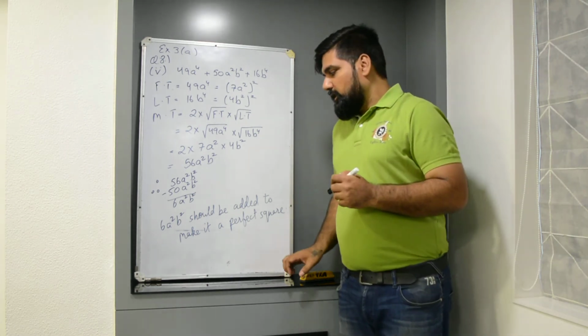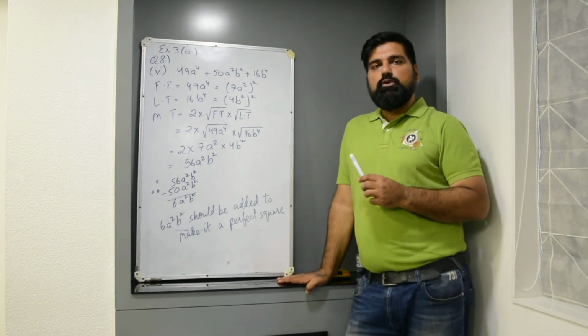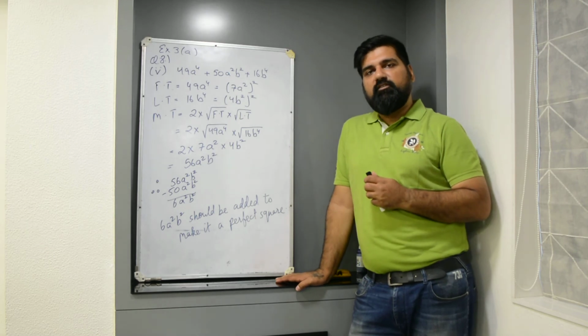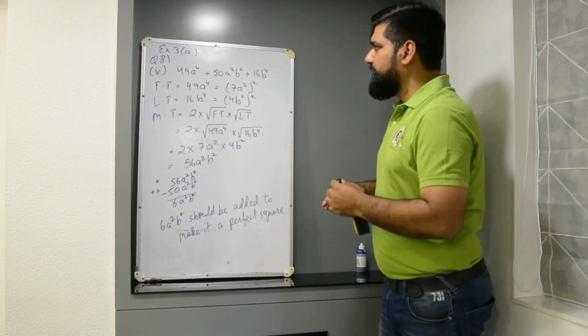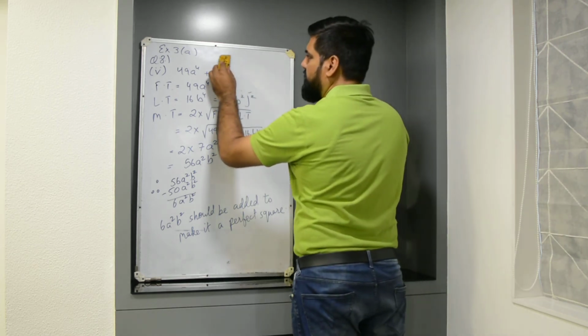Okay? So this is how we're going to solve the question related to perfect squares. Okay? Thank you. So now I'll move to the next identity.